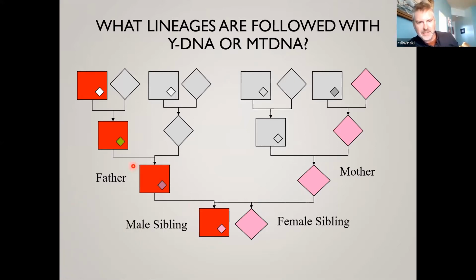It shows that the male line is one long thread along the paternal line, showing the red boxes on the left-hand side, and that the maternal, or mitochondrial DNA, line follows one long, thin, linear line down the right-hand side with the diamonds over here.